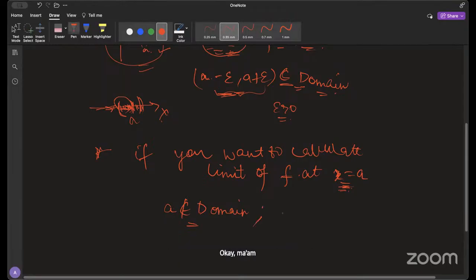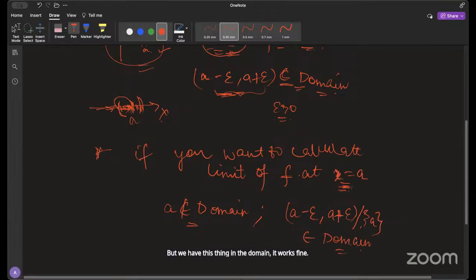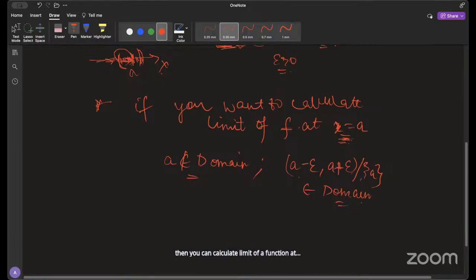That's one interesting thing. The other thing is, you need an interval around a. Even if a is not there, but we have this thing in the domain, it works fine. Then you can calculate the limit of a function at the point a.